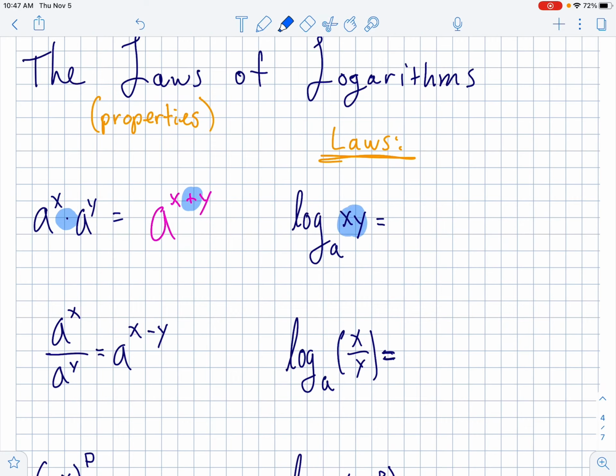If you have multiplication between x and y, that means that you can break it apart into 2 logarithms that are being added. So, notice once again here that the multiplication turned into addition, the same way that multiplication turned into addition over here.